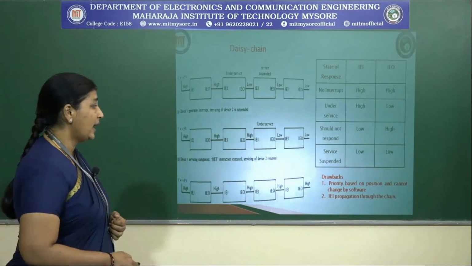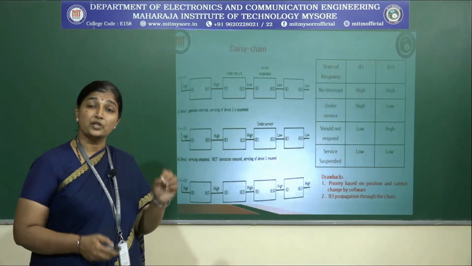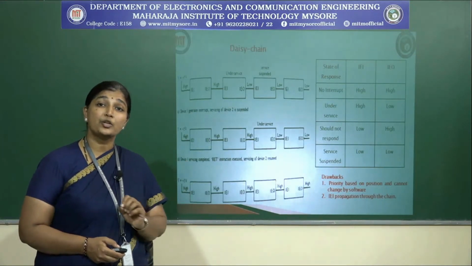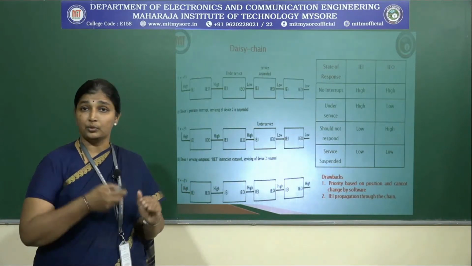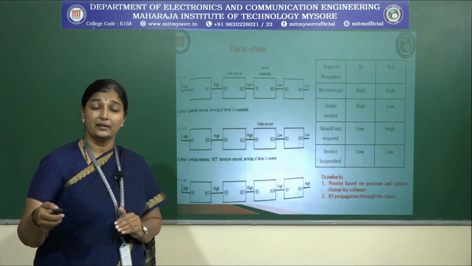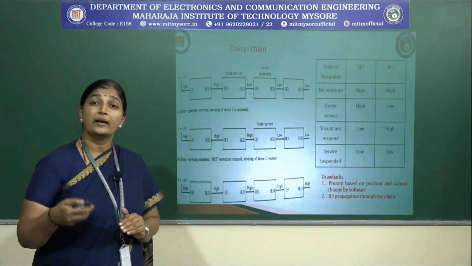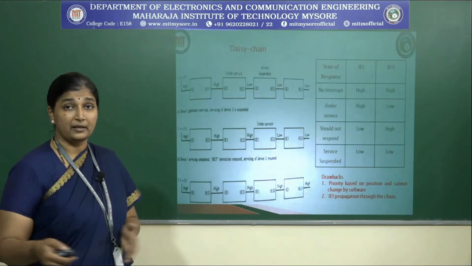And IEI propagation through the chain. There is an IEI which has to propagate every time. The acknowledgement has to be sent throughout to all the devices. Until IEI is high, we will not be able to go ahead and check the interrupt handling capability of the entire set of devices, right?